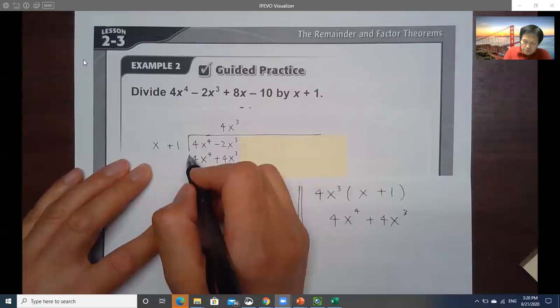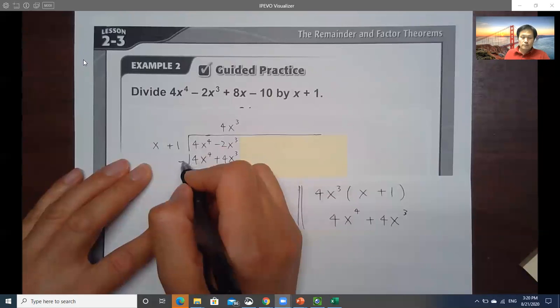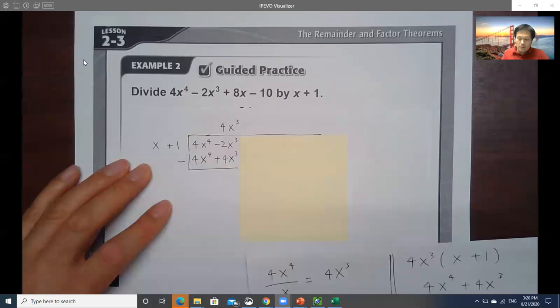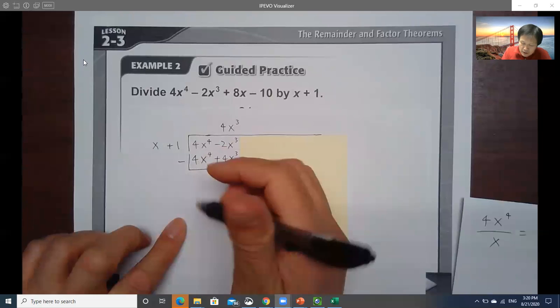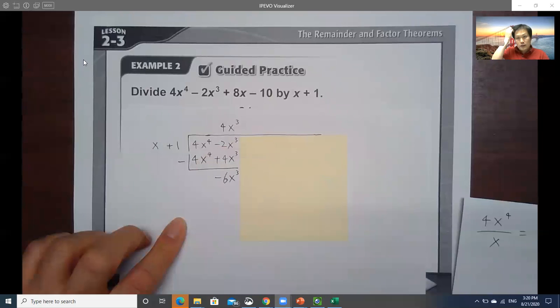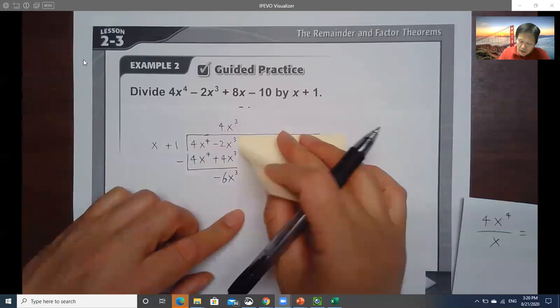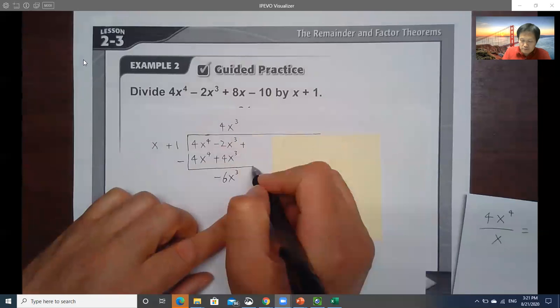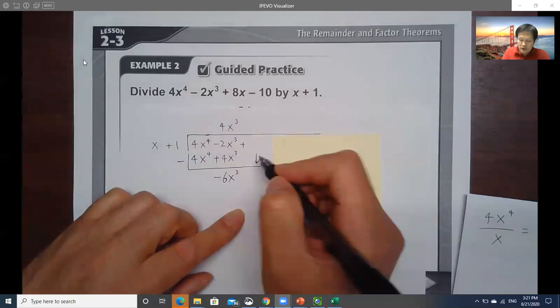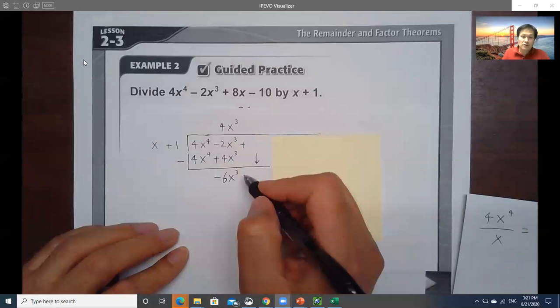Put an L shape, subtract. That's gone. Minus 2 minus 4 is minus 6x to the third. So one cycle is done. So you're going to repeat. Then bring down next term. There's nothing there. So that's basically nothing. You can just write the 0 if you want.